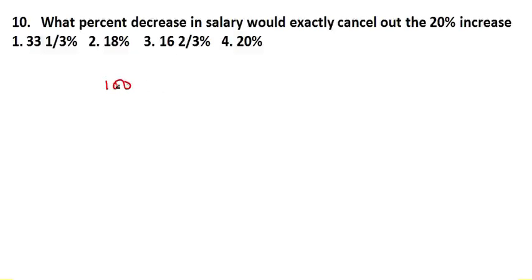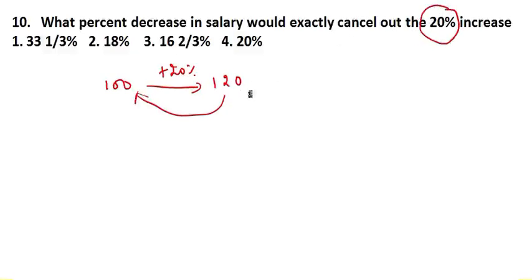Suppose a person's salary is 100 rupees and it got increased by 20%, now it is 120. Now in the question it is said that you have to cancel out the increase so that it becomes again 100. It means that this increase you have to make nil. So how much will you reduce?